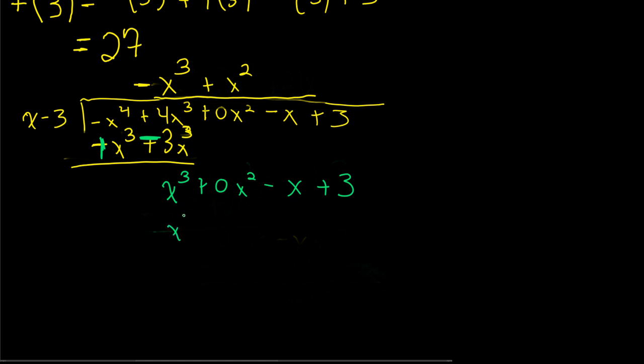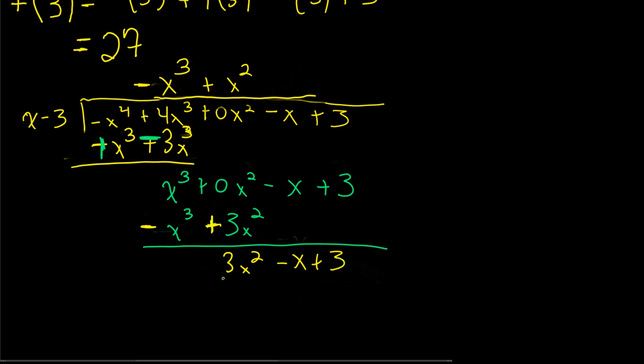I get x cubed minus 3x squared. I will change my signs. If I've done my job right, the leading terms cancel. And here I'll have 3x squared, and I'll bring down the rest.